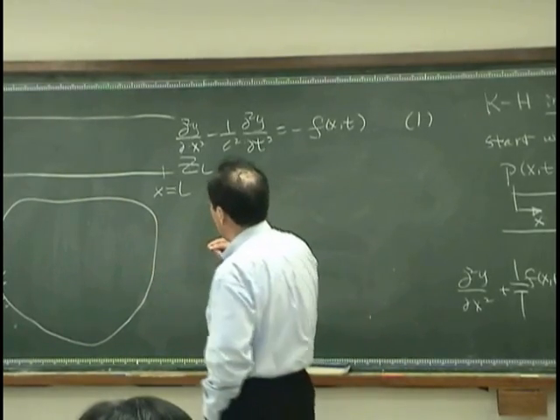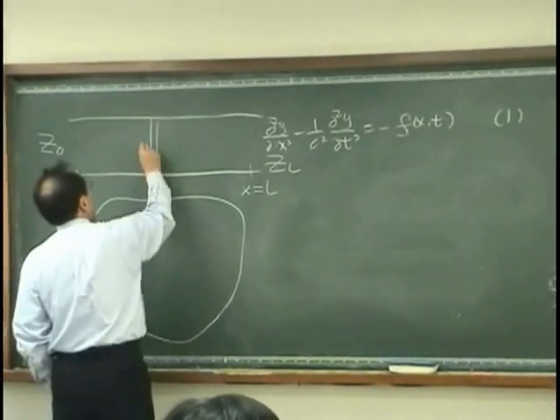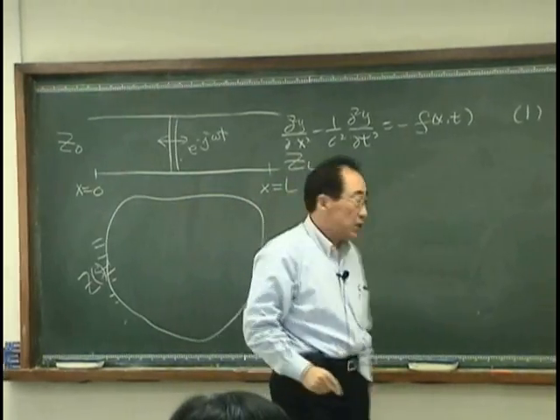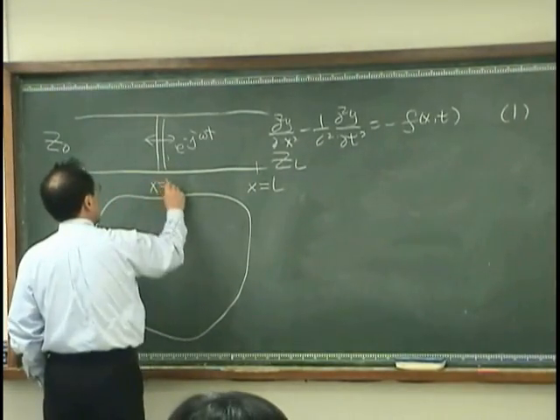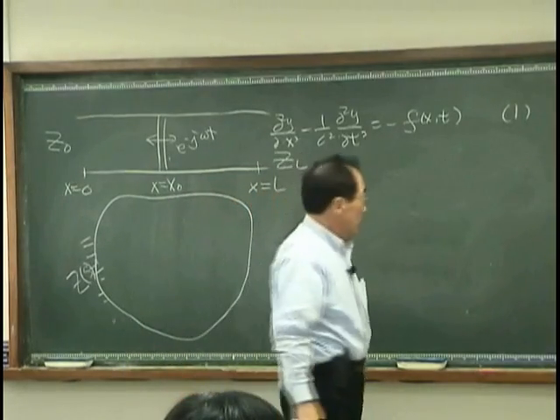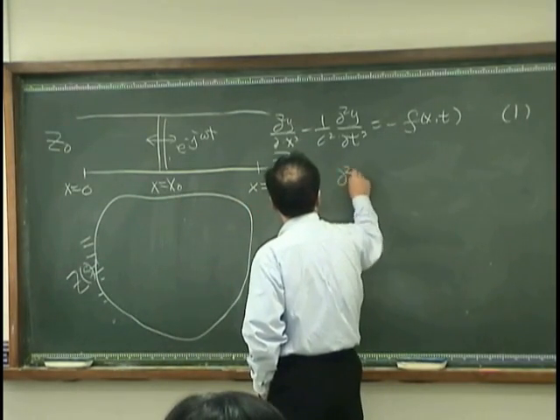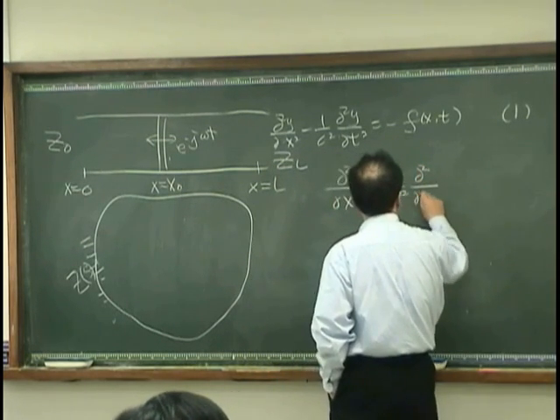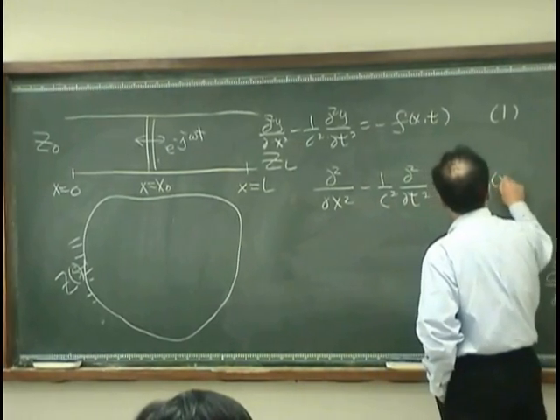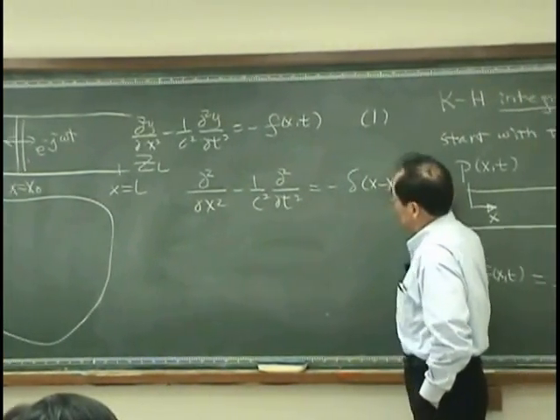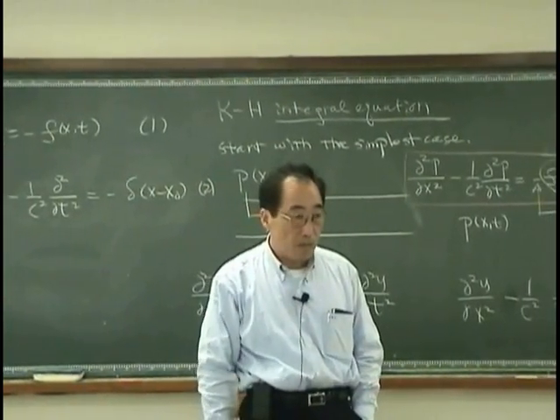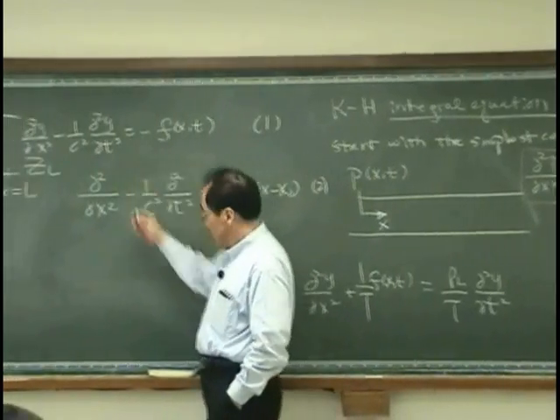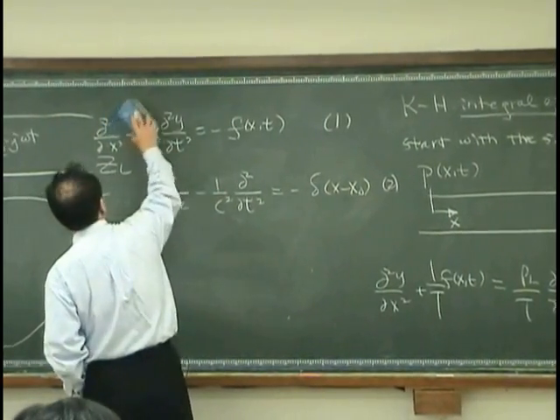For example, if I have this kind of excitation at x equals x0, in other words, if I have a Dirac delta function at x equals x0, and obviously the dimension of this has to be p.